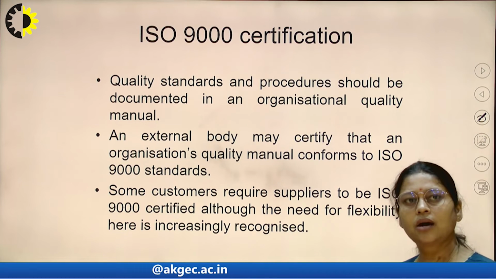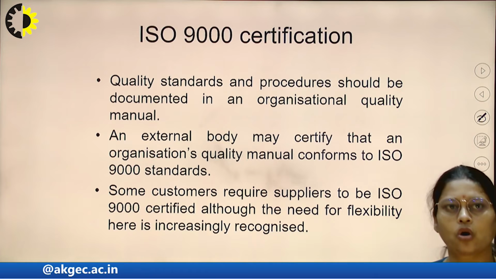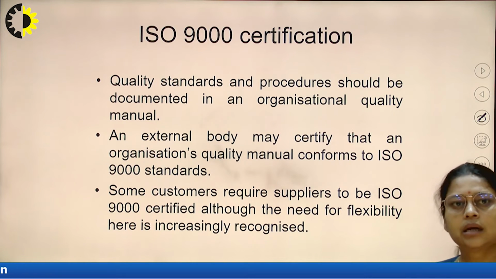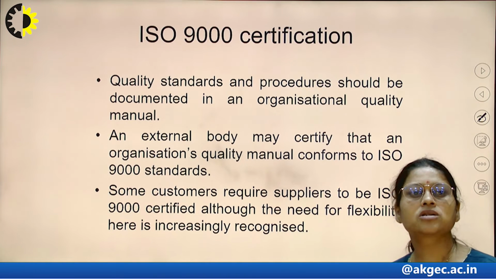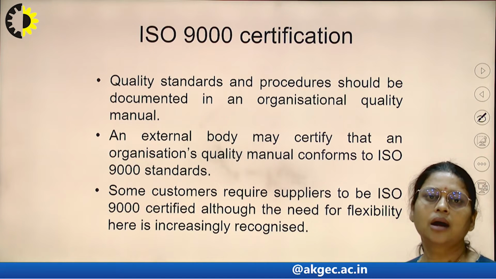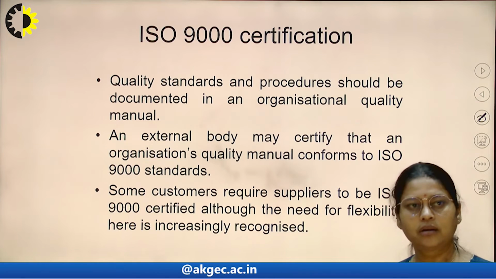For ISO 9000 certification, the quality standard and procedure should be documented, along with organizational quality manuals, and the ISO 9000 is to be provided by some external body. There is a series of ISO 9000 like 9001, 9002, 9003, etc.